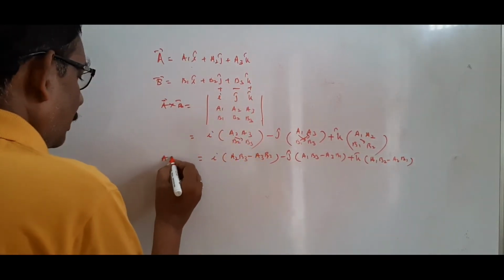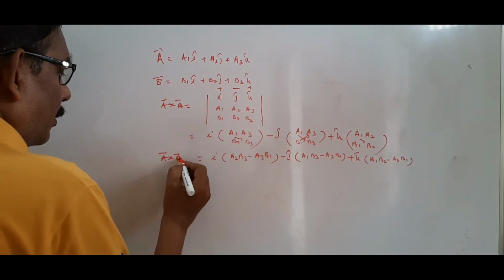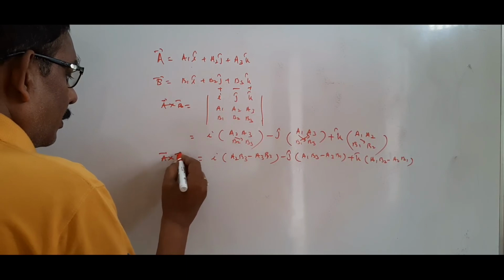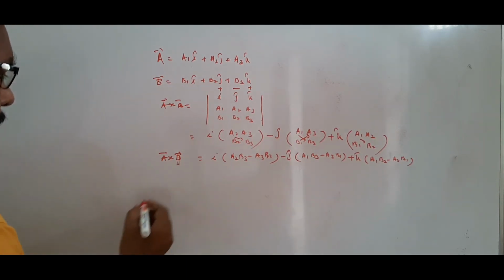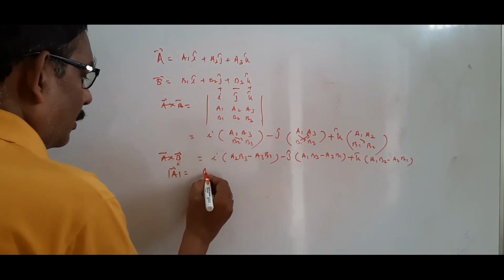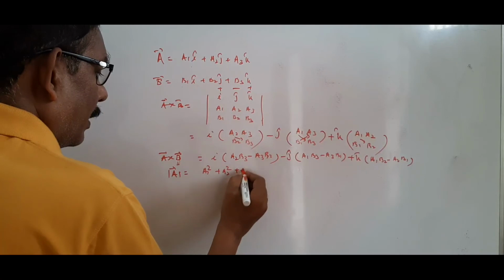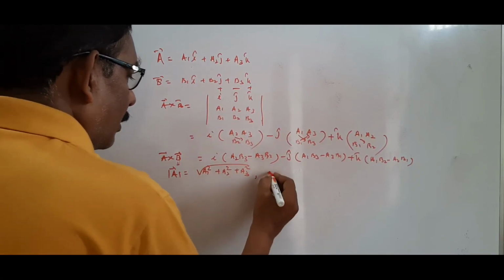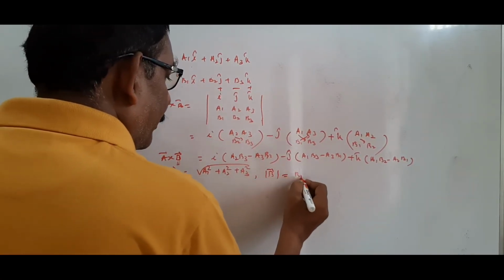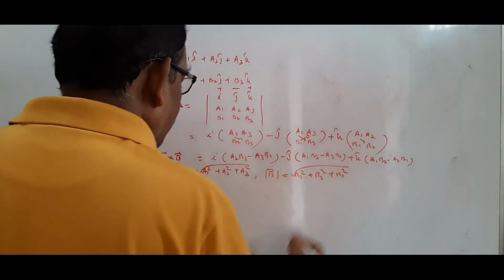In this way, you find out the cross product. Similarly, modulus A is the square root of A1 square plus A2 square plus A3 square, and modulus B is the square root of B1 square plus B2 square plus B3 square.